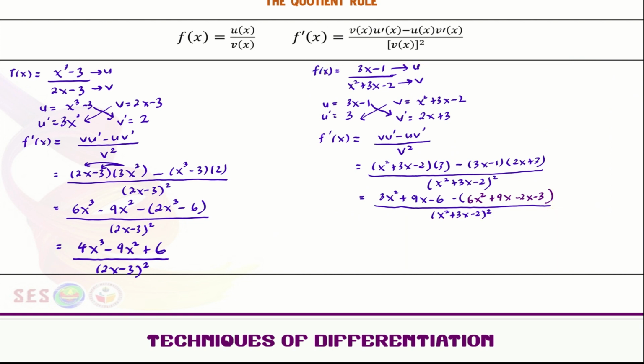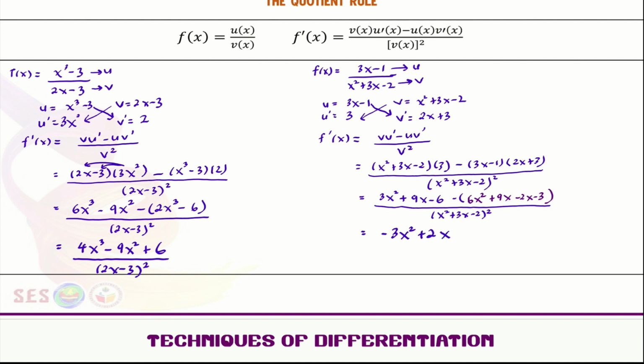So 3x squared minus 6x squared gives us negative 3x squared. We have 9x minus 7x, which gives us plus 2x.